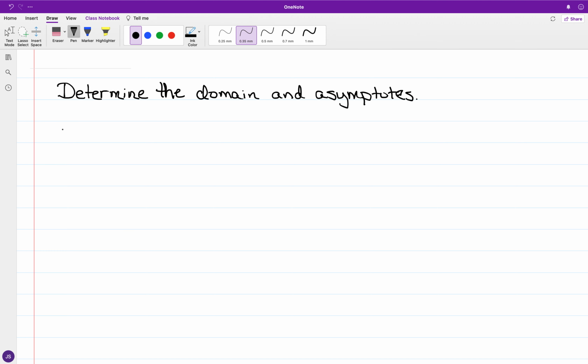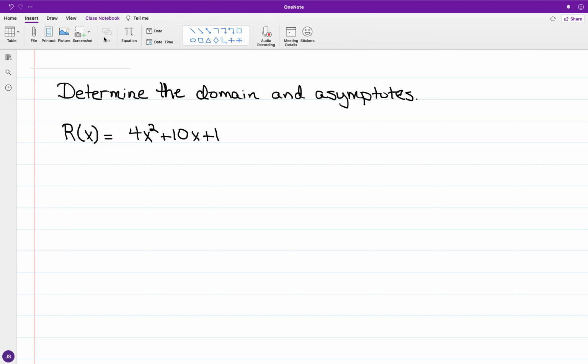Okay, and let's say if you have a function r of x equal to 4x squared plus 10x plus 1, all over 2x plus 1.